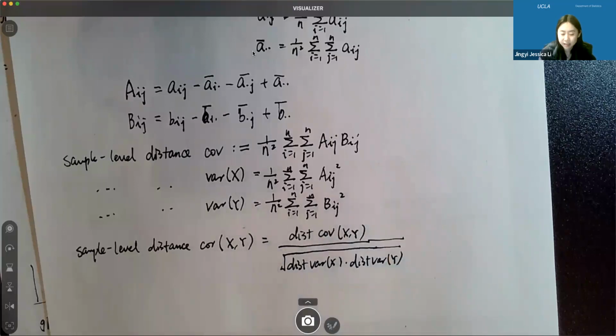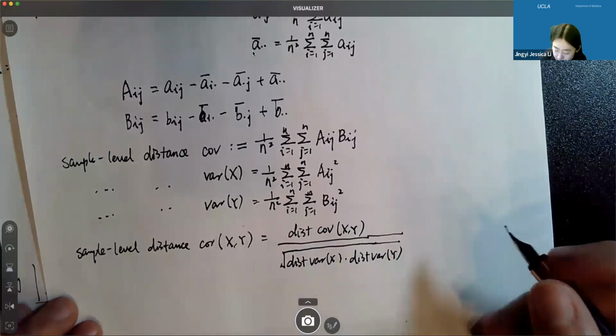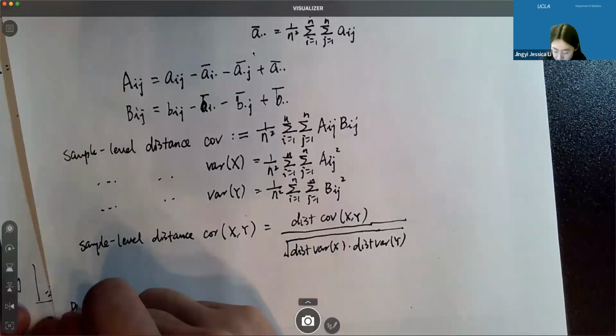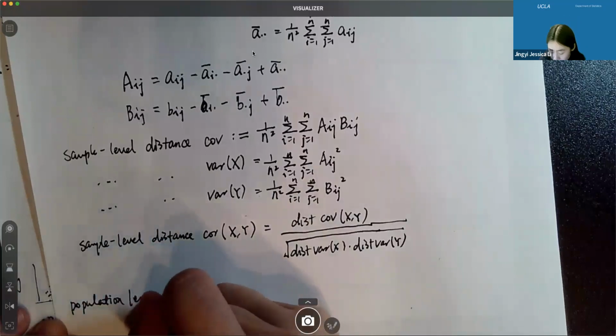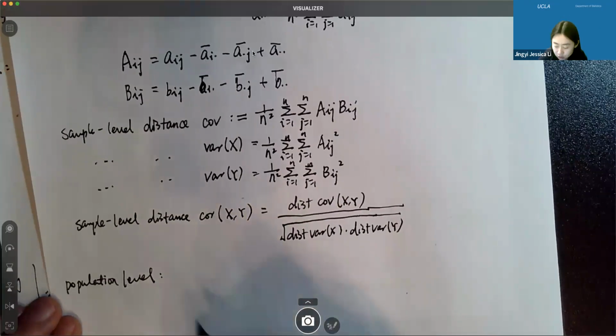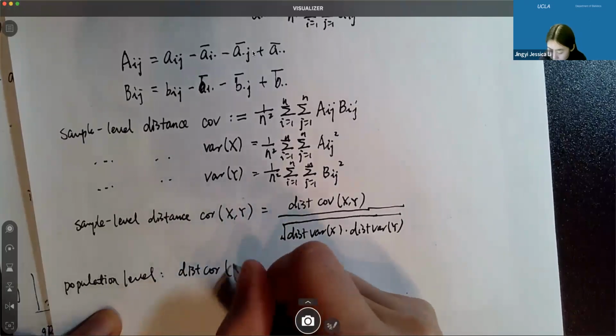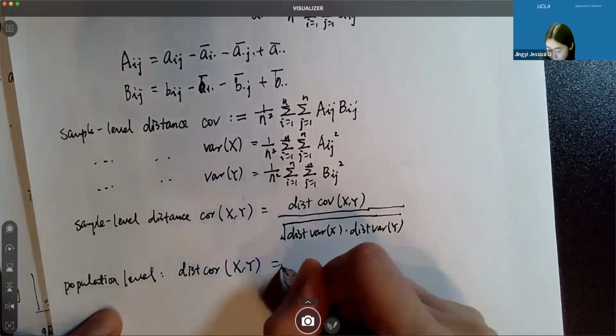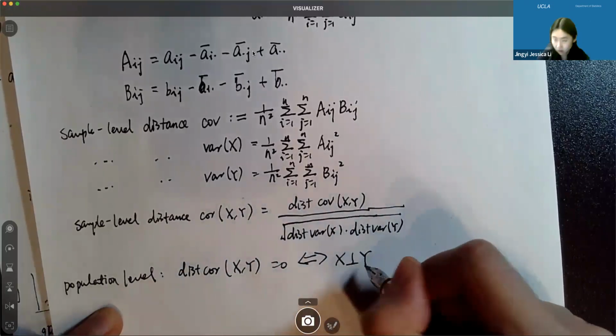And also the distance correlation has a nice theoretical property, same as the maximal correlation. On the population level, the authors show that the distance correlation of x and y equals 0 is equivalent to x and y being independent.